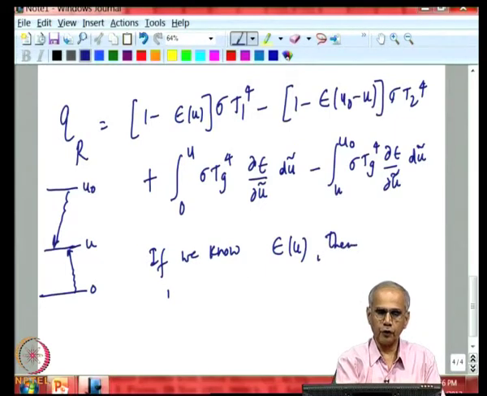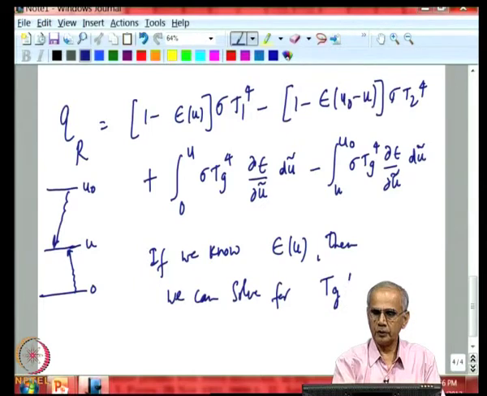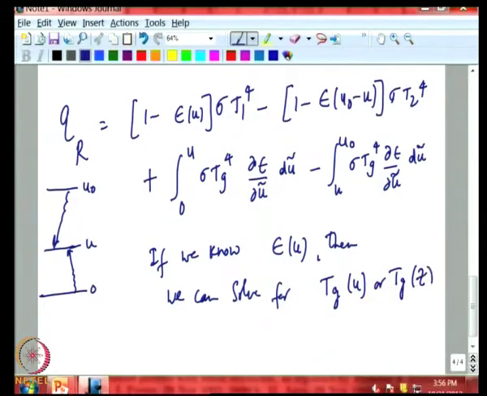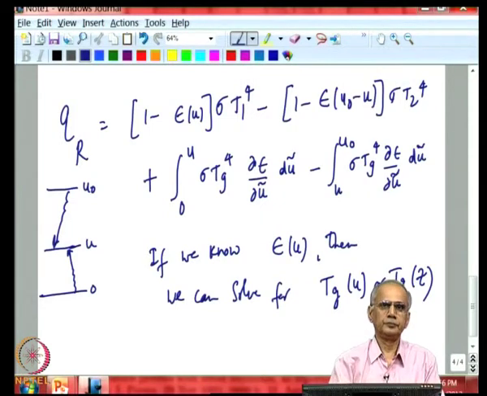Then we can solve for T g as a function of u, or ultimately T g as a function of z. So, the question is whether we have ready made data available for the variation of emissivity with path length.